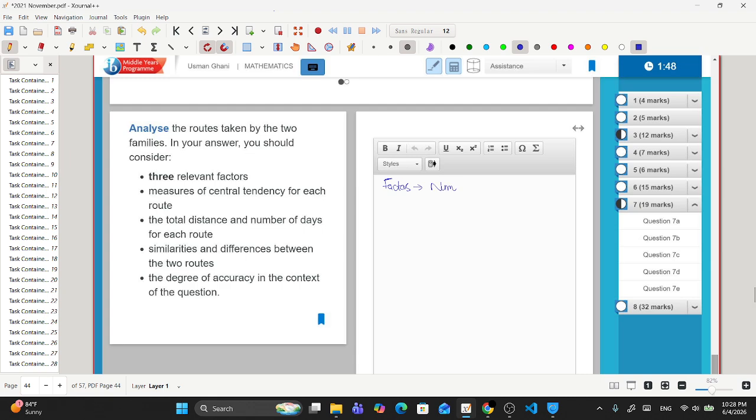Number of days, and amount of food, and you can talk about natural factors as well. For example, there can be some sort of threats at one specific place, although they've never talked about it. But yes, you can talk about landscape. So these are the three factors.